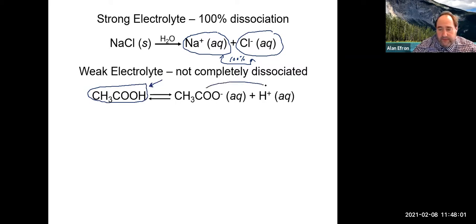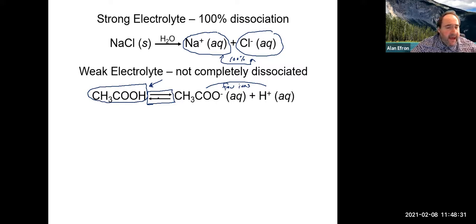You will produce a few of these ions, though, and that's why these reversible reactions we've been talking about involve these weak electrolytes. Because it's still able to produce a few ions in solution, it's still technically considered an electrolyte. It can still conduct electricity, but it will not conduct electricity anywhere near a strong electrolyte.